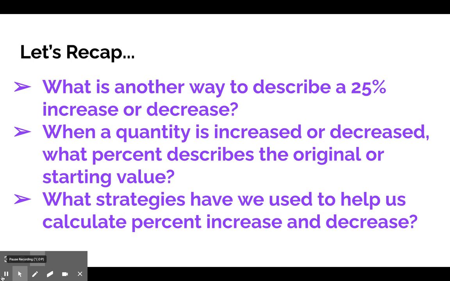Or if I'm increasing it, I can multiply it by 125%, or if I'm decreasing it, I can multiply it by 75%. And of course, 125% as a decimal will be 1.25, and 75% as a decimal will be 0.75. So either one of those strategies would work.